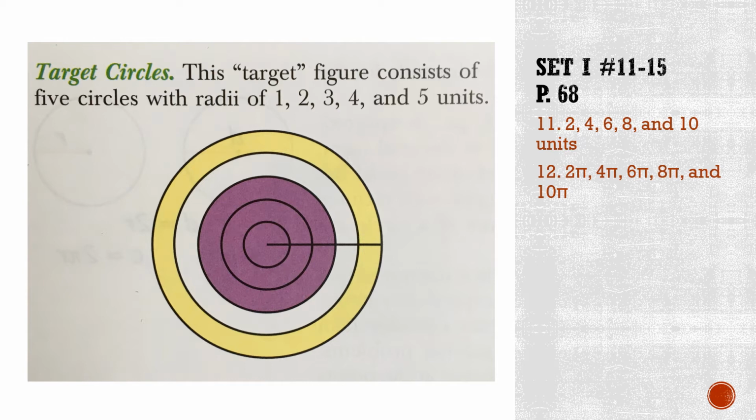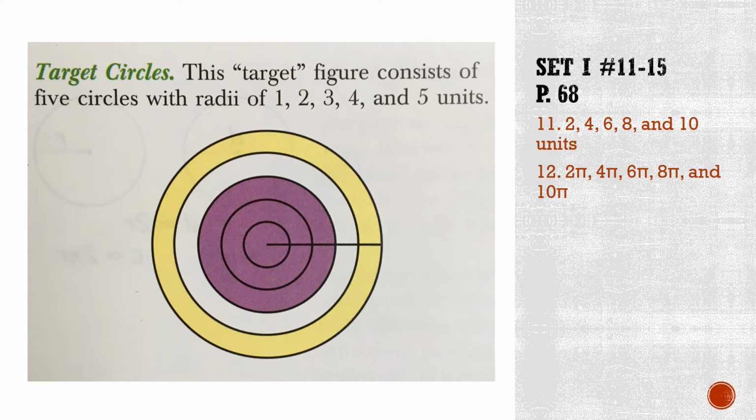For number 13, it asks what is the exact area of the purple region. Now here's where we have to dig a little bit and pay a little closer attention. So notice that our radius is going to be 3 for the purple region. And if we want to work our area equation, we want that radius measurement to help us.